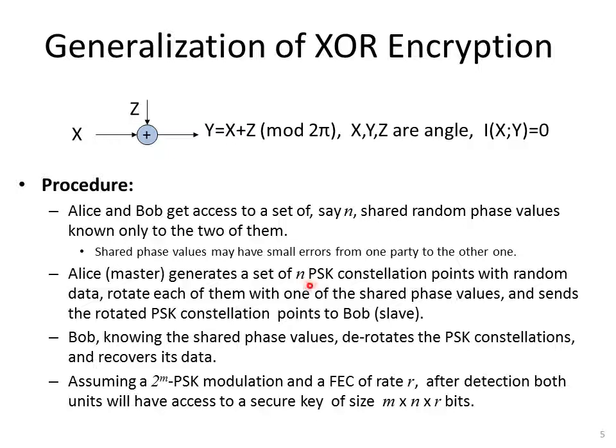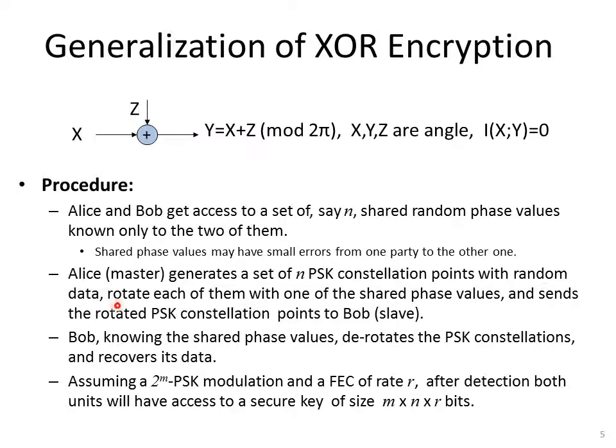Alice will generate n PSK constellation points with random data. For example, each QPSK can contain 2 bits of information, and these 2 bits are randomly generated by the master.